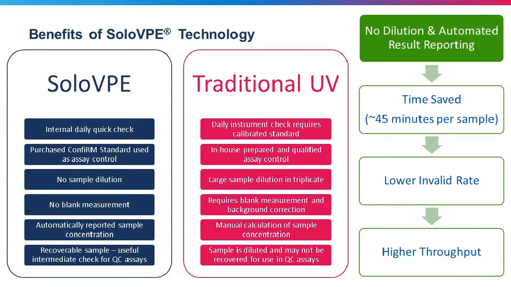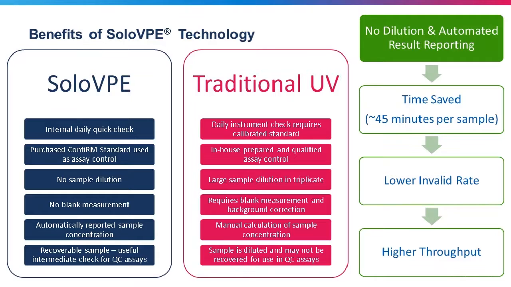The SoloVPE automatically reports the sample concentration, whereas traditional UV requires manual calculations. And finally, the sample used for SoloVPE measurements is often recoverable, allowing us to use it for other QC assays, whereas traditional UV requires sample manipulation, which makes it difficult to recover the sample and use it for other purposes.